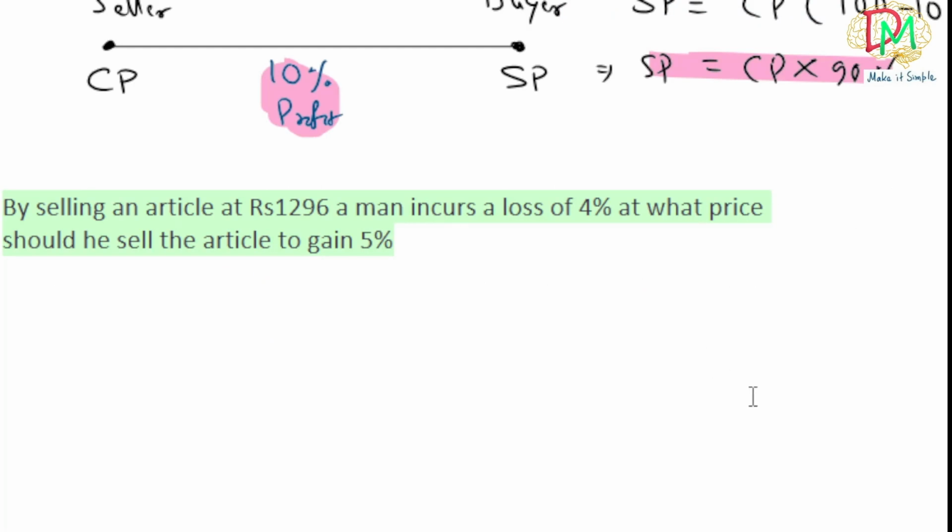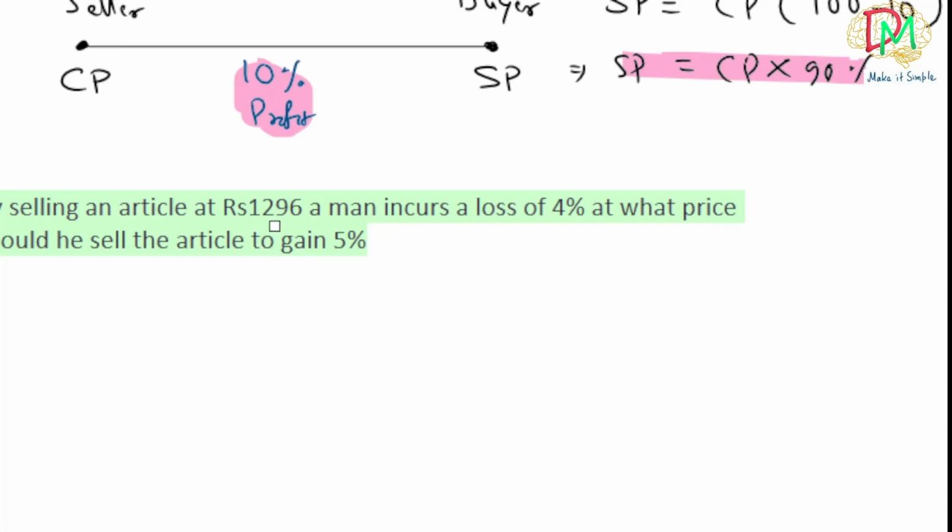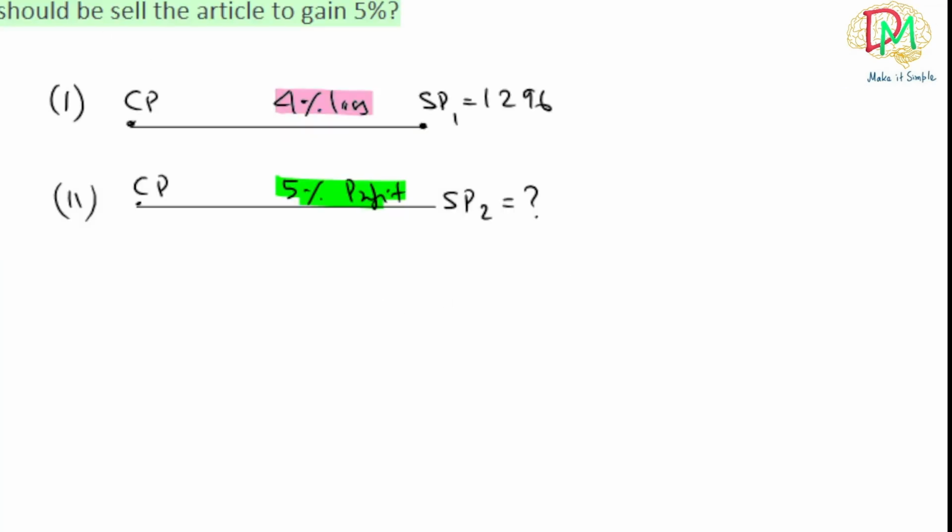Let's solve one question on profit and loss. The selling price of an article is 1296. A man incurred a loss of 4%. At what price should he sell the article to gain 5%? So there are two scenarios.